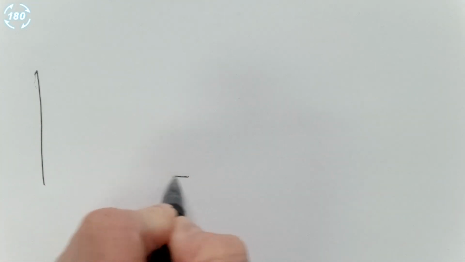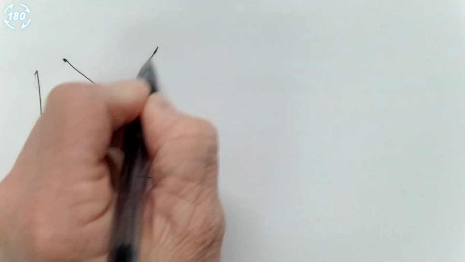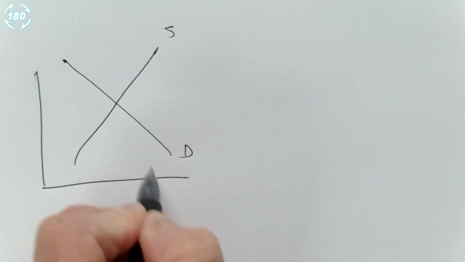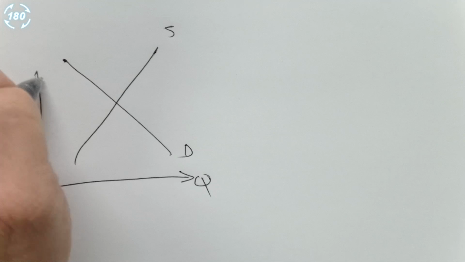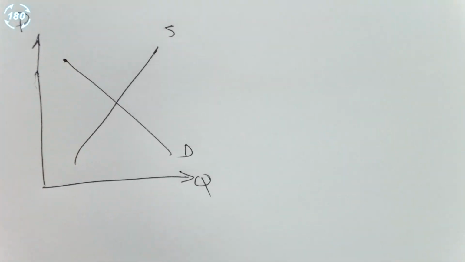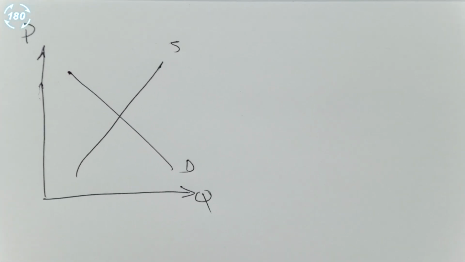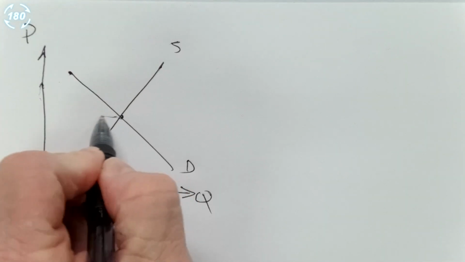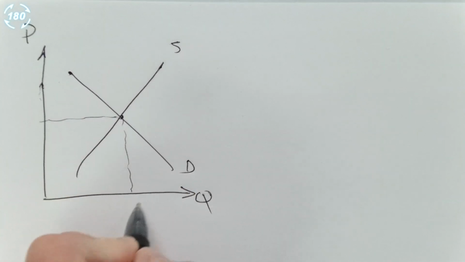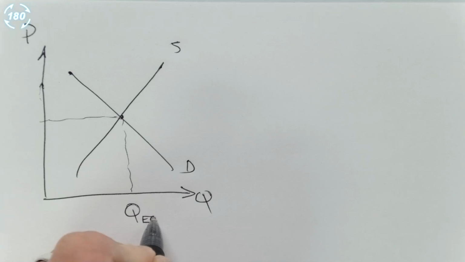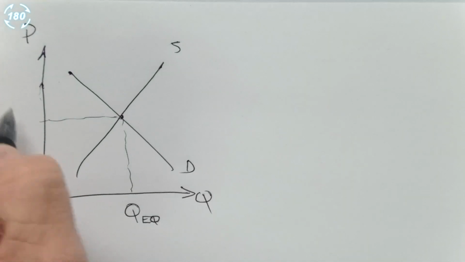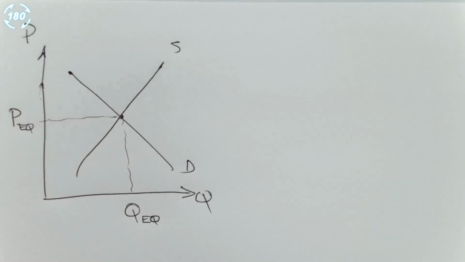I'm going to draw two supply and demand graphs here. We already know kind of what to expect from a market for wheat or what have you. There's a supply and demand curve, supply and demand. And this is going to be capital Q because that's the quantity on the market, and this is price here. Okay, so this is old hat, but this establishes the equilibrium quantity, EQ, and the equilibrium price, PEQ.